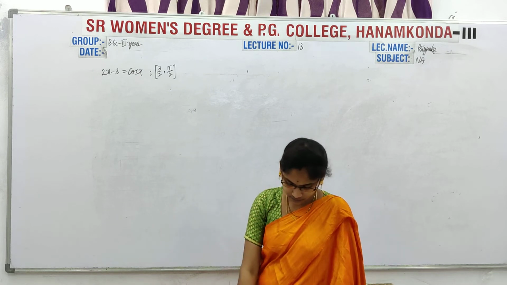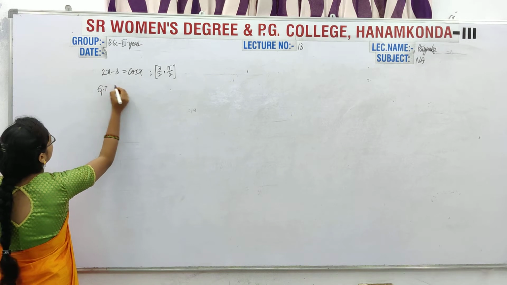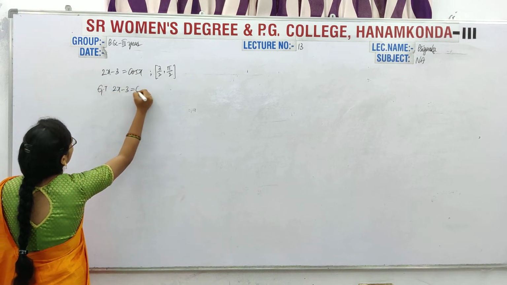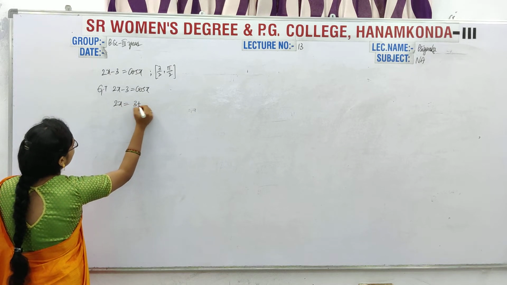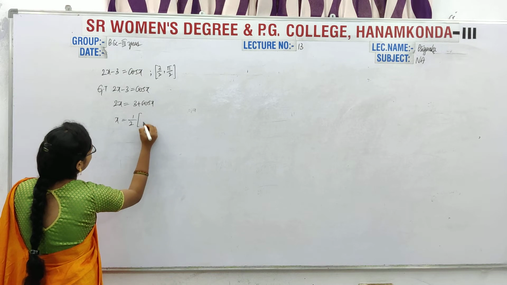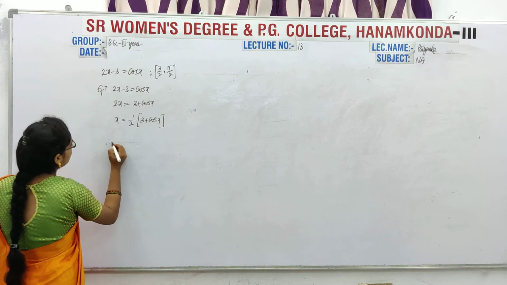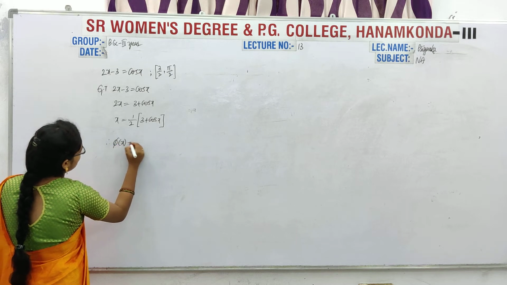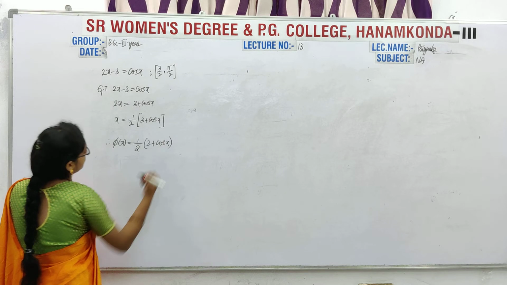Now here, simple problem. Given 2x minus 3 equal to cos x, 2x equals 3 plus cos x, x equals 1 by 2 of 3 plus cos x. Therefore phi of x is equal to 1 by 2 of 3 plus cos x.